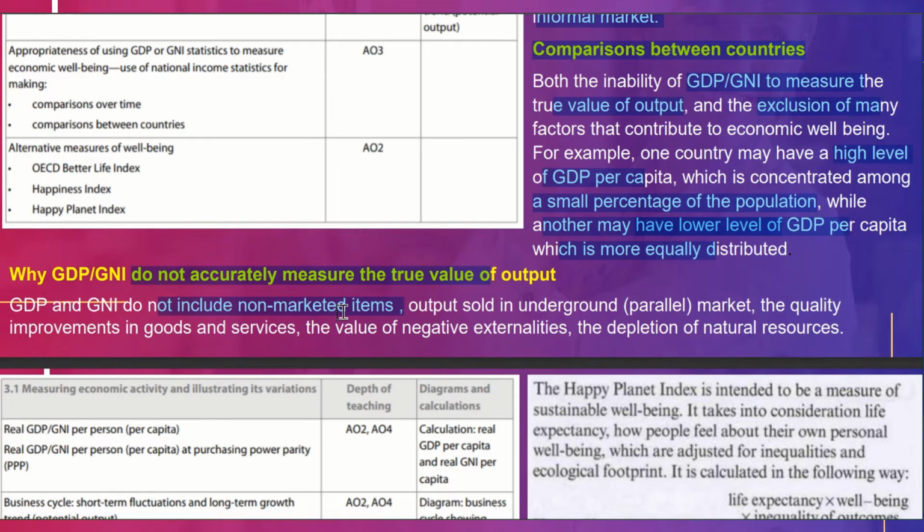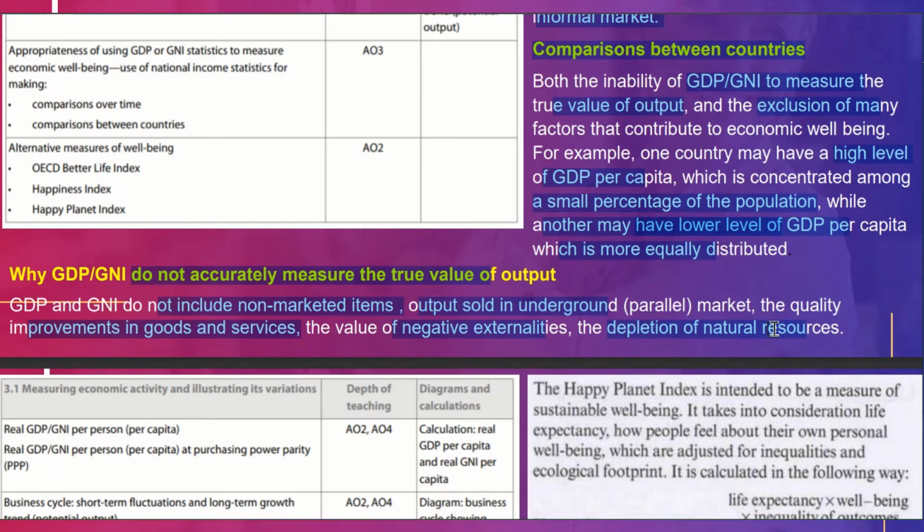And household expenditure, like the work of homemakers, is less calculated and underestimated, and output sold in the underground market is not included. Also, quality improvements in goods and services differ from country to country, and the value of negative externalities is a big challenge to measure. And there is depletion of natural resources; each country has a different amount of natural resources, and they keep depleting.